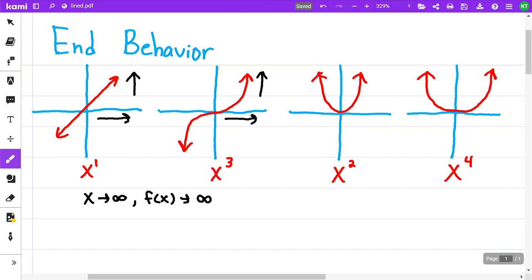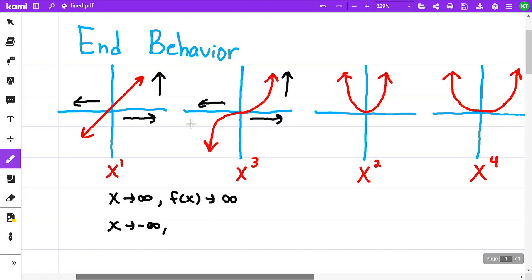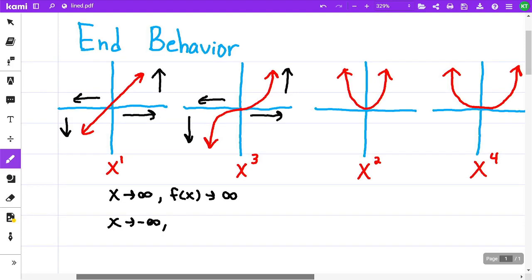And then on the other hand, as x approaches negative infinity, or as x goes to the left, our y values are decreasing and our arrow is going down. So f of x is approaching negative infinity.